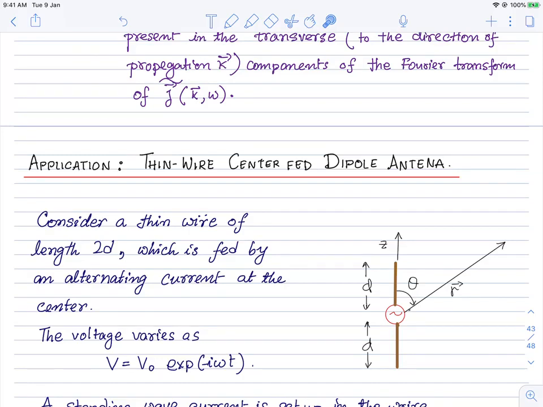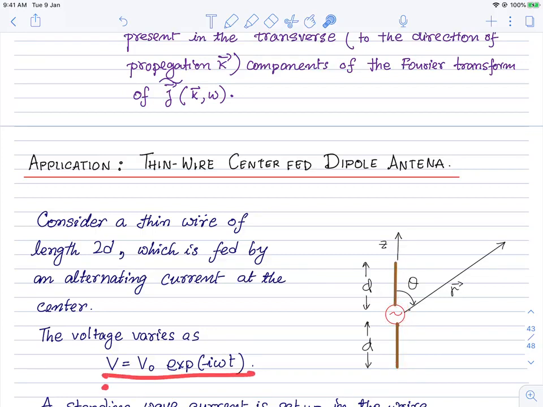But let's say the diameter of the wire is extremely small, so we don't have to worry about any surface effects or complicated currents on the surface. So it's just a small thin wire, with two arms like this, that is fed by an alternating current.